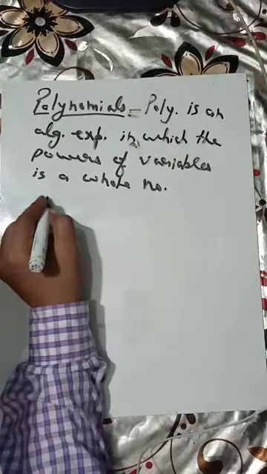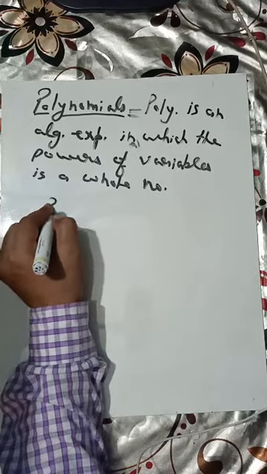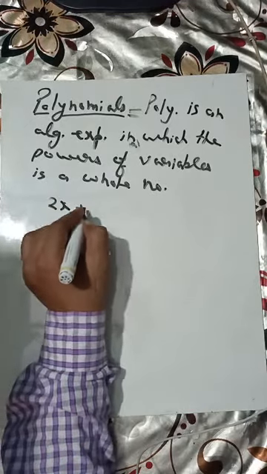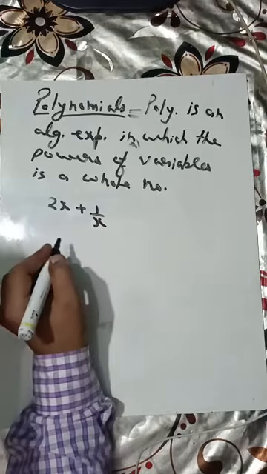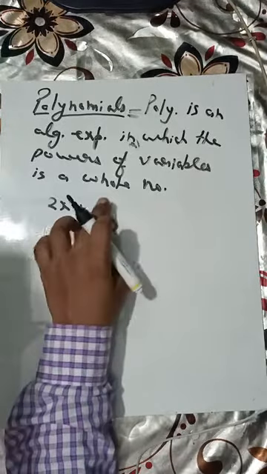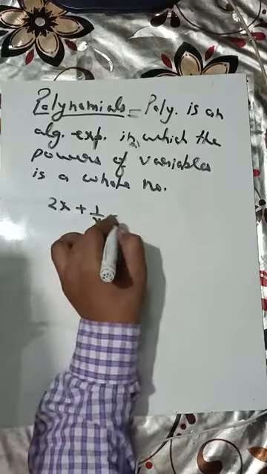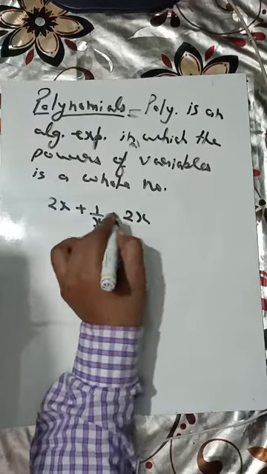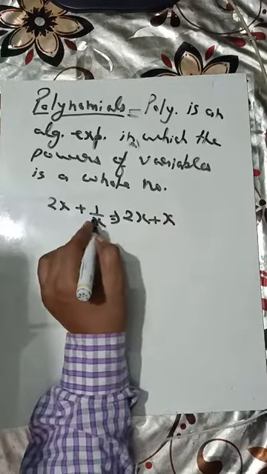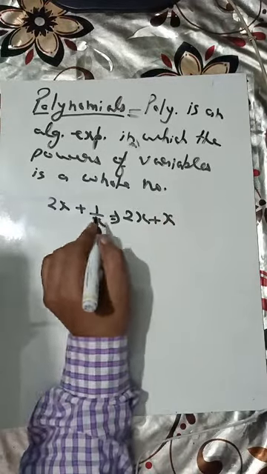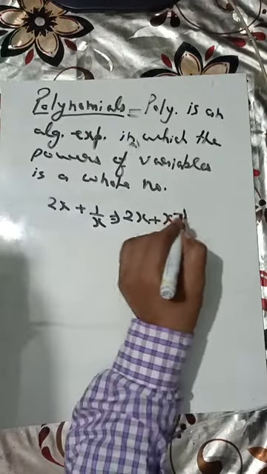For example, let us take one example here: 2x plus 1 upon x. Okay, see, this can be written like this: 2x plus x raised to power minus 1.